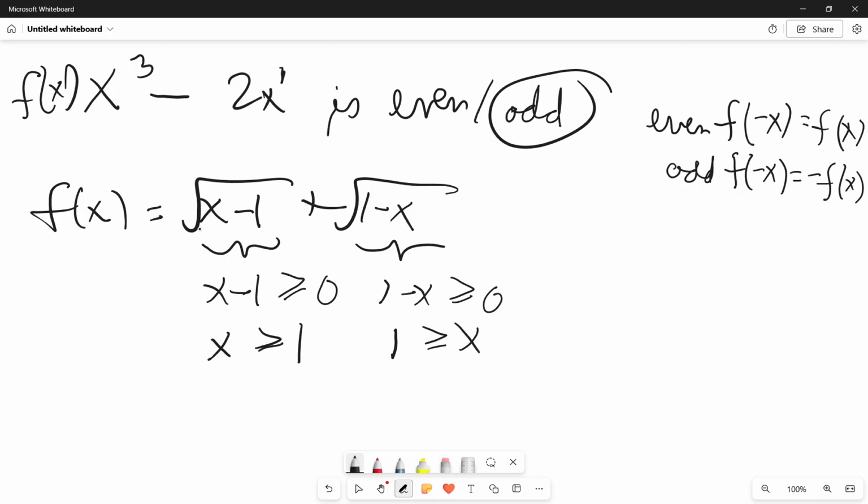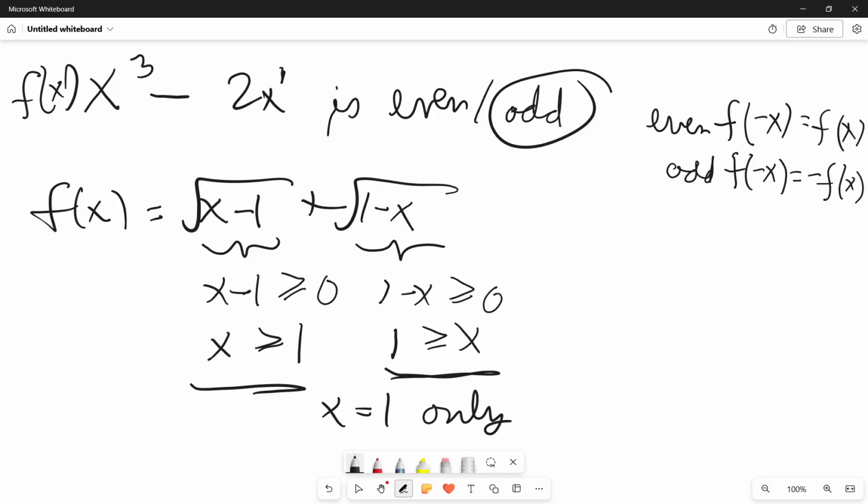You can see that x needs to be greater than or equal to 1, but 1 is also greater than or equal to x. So if you think about this, x has to equal 1 and 1 only. Not 1 and 1/2 or half, it's strictly 1.